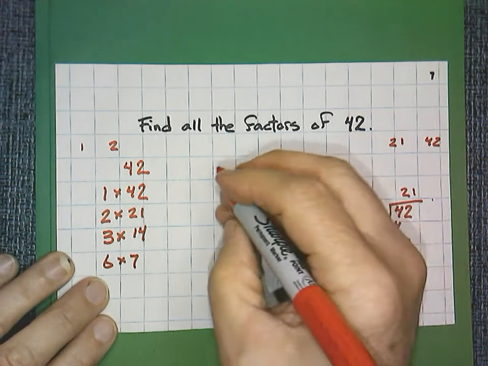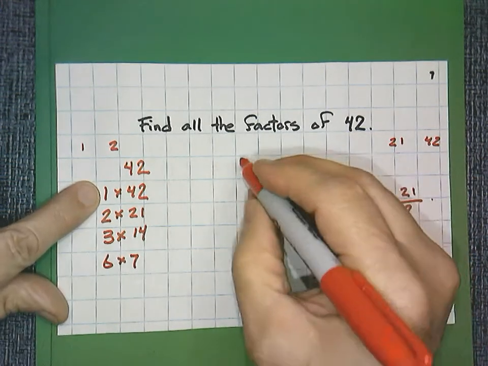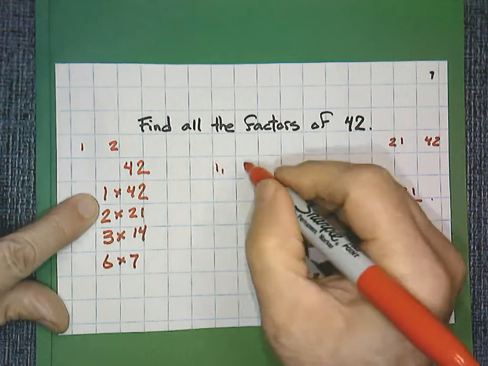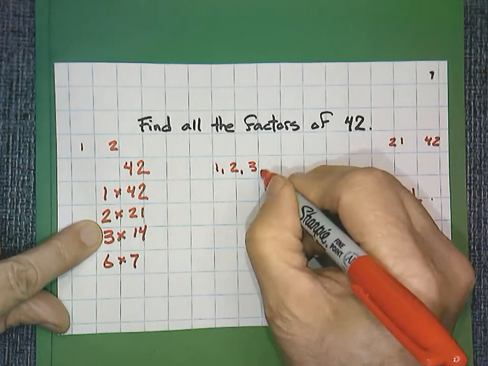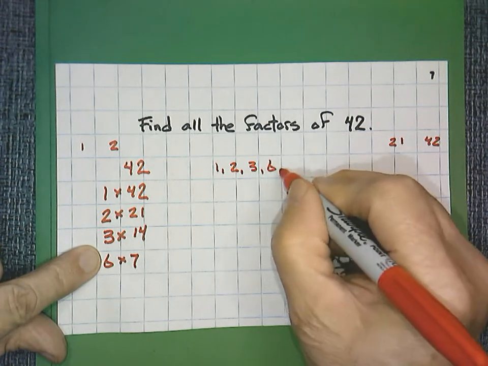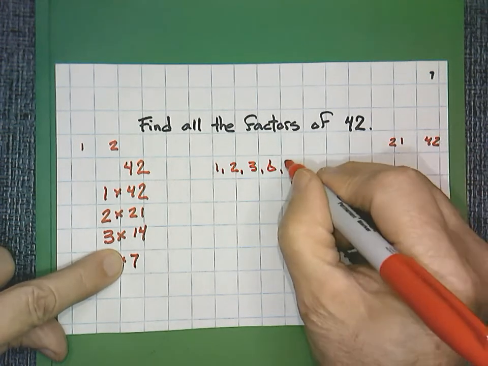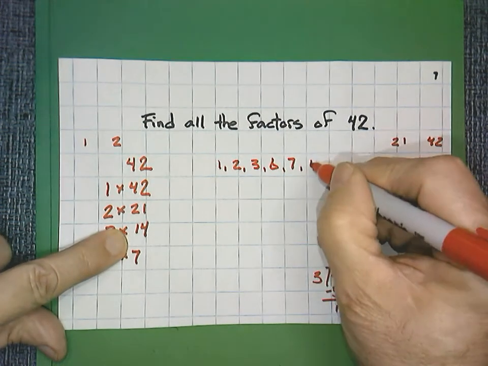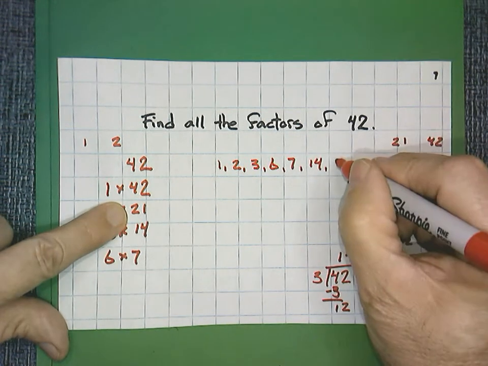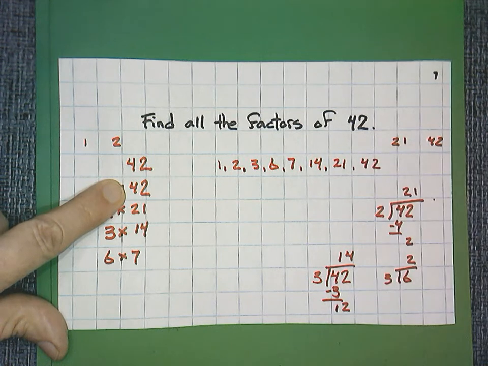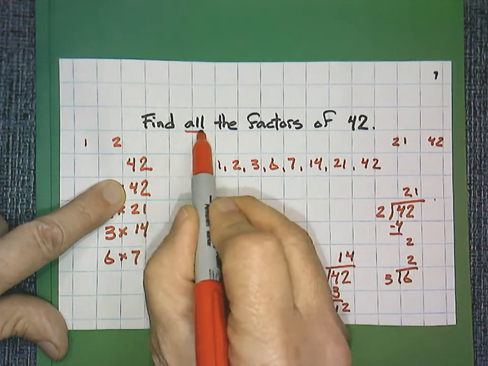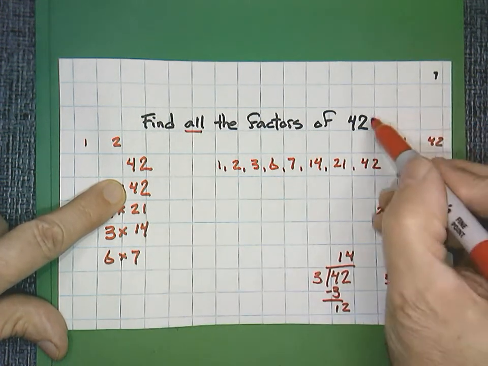So if I were to list our factors for 42, it would be 1, 2, 3, 6, and remember they should be in order, 7, 14, 21, and 42. These would be all of the factors for 42.